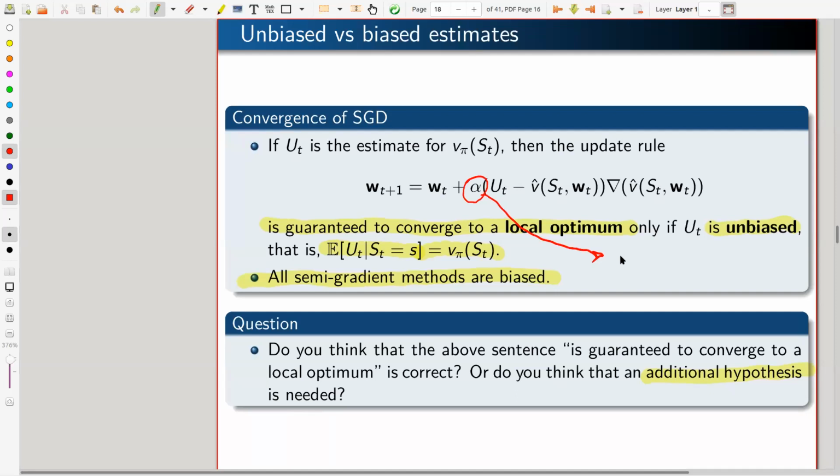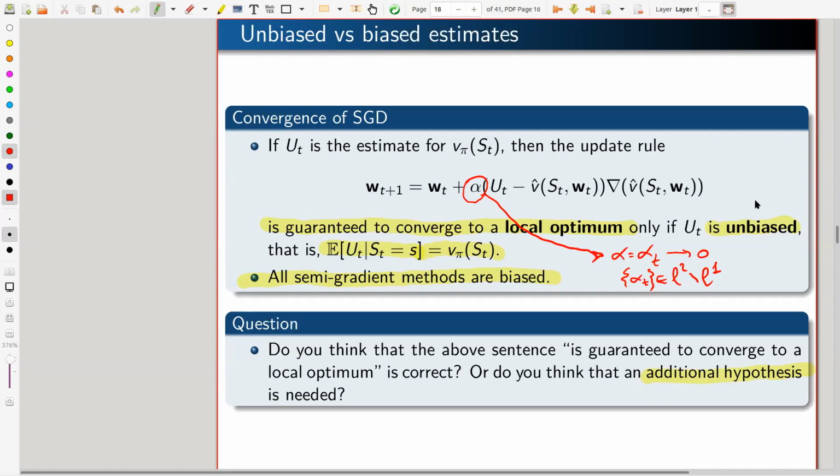Alpha must be, let's say, alpha_t, and must go to 0 fast, but not too fast. And this is usually expressed by the fact that the sequence of learning rates must be in L2, but not in L1. The squares must be summable, because this is a discrete sequence, but their absolute values must diverge.